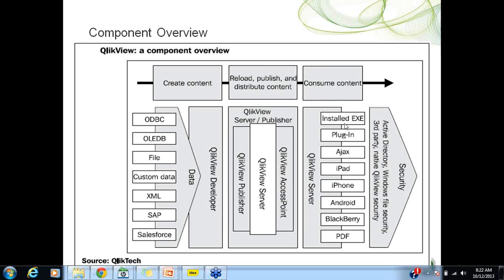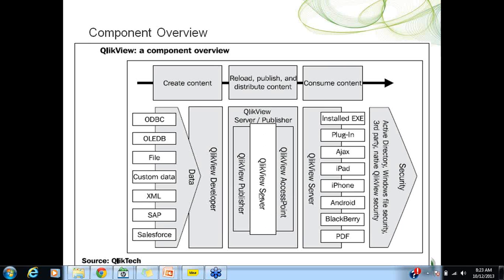If my client wants to give access to many different users for the QlikView dashboard, then the client needs to purchase a QlikView Server license. This is the machine where the QlikView Server service runs, taking care of all the reloading and running of the QlikView application.